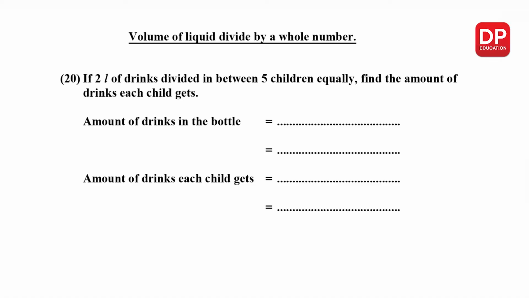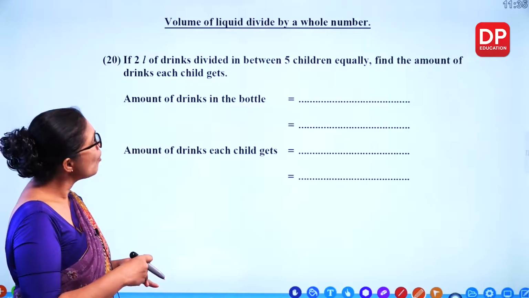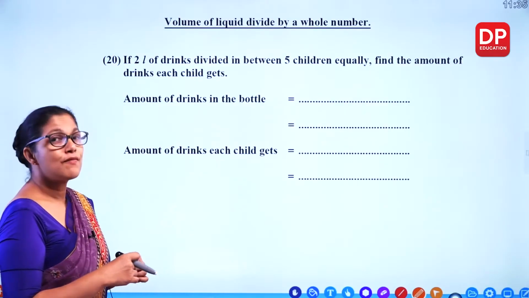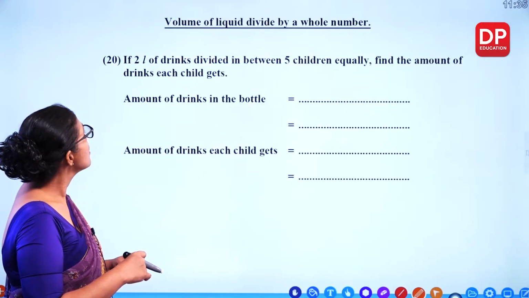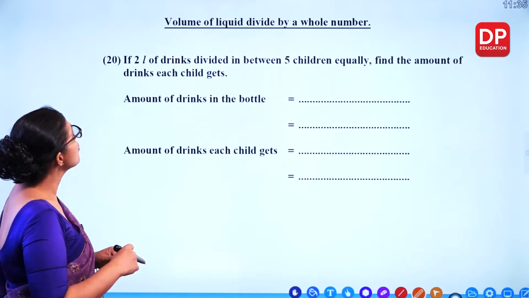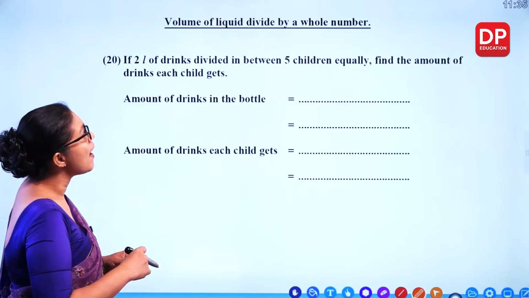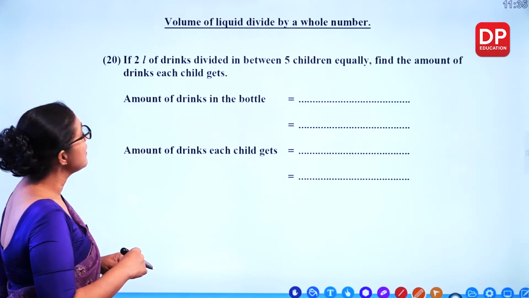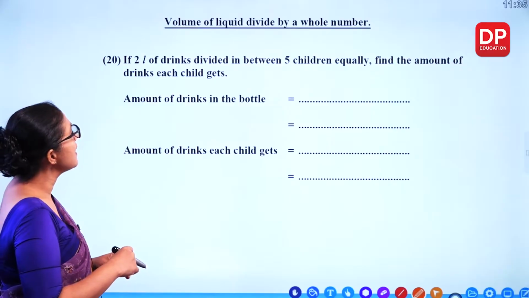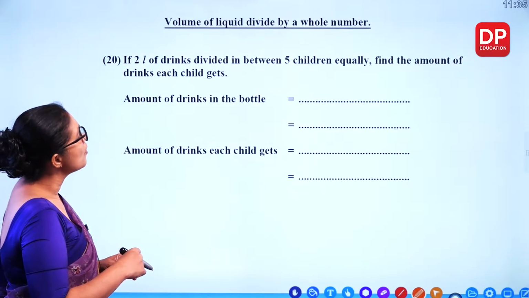Volume of liquid divided by a whole number. Now, so far we did multiplication. Now we'll think about how we divide liquid measures. Look at this question. If 2 liters of drinks are divided between 5 children equally, find the amount of drinks each child gets. So what you have to do?